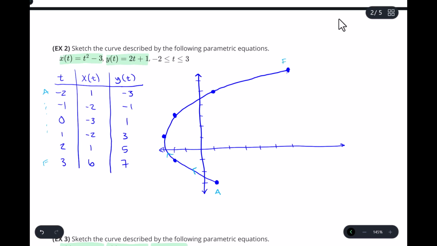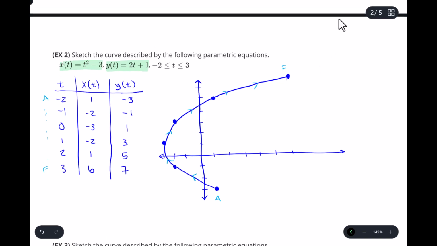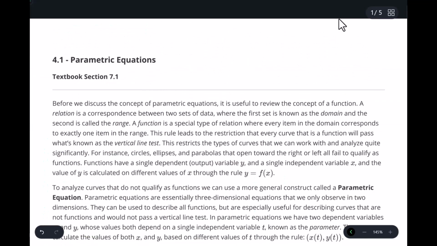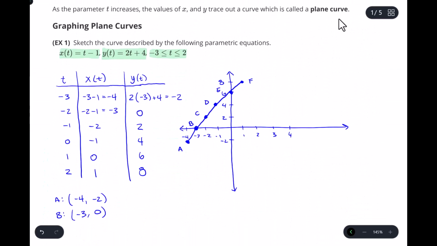So the direction of this curve is this way. And of the example before that, the direction of this curve was this direction. We saw the individual points moving there. So just kind of consider that. That will come back to play when we are talking about derivatives for these types of functions, and is a very important concept there.